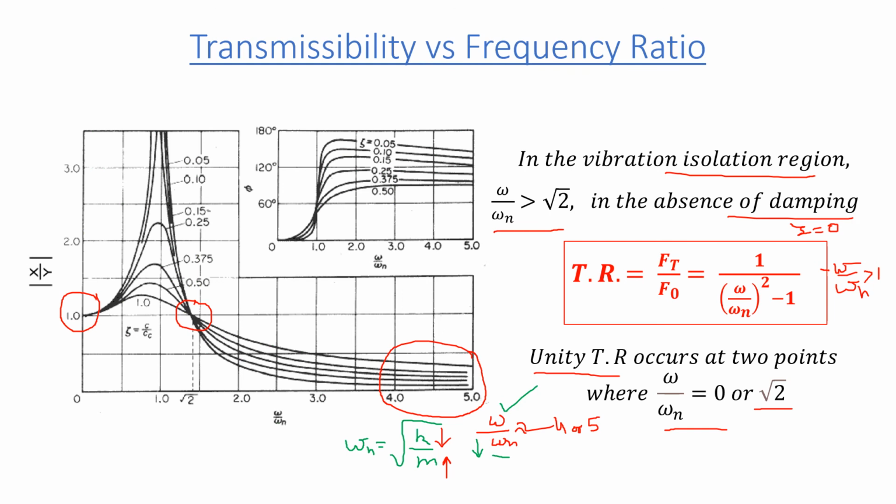How can we increase the mass of the vibrating system? You can put an inertia block. The inertia block can be attached to the mass, and in this way one can control how much force is being transmitted to the base.